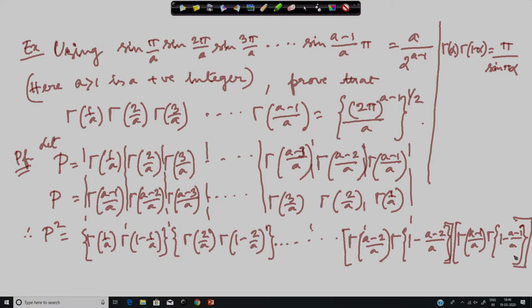Well, so what about gamma of 1 minus 1 upon a? From there, pi by sin pi by a. Similarly, pi by sin 2 pi by a.